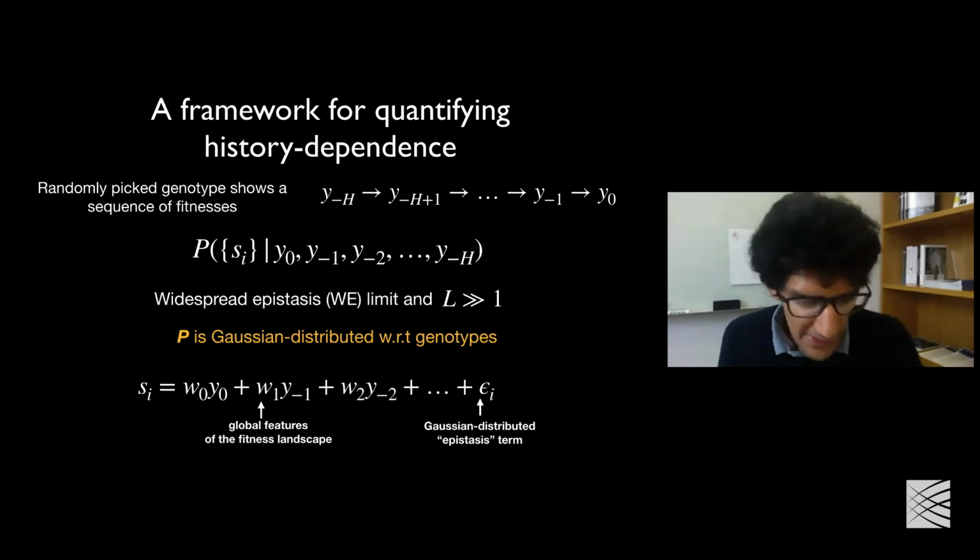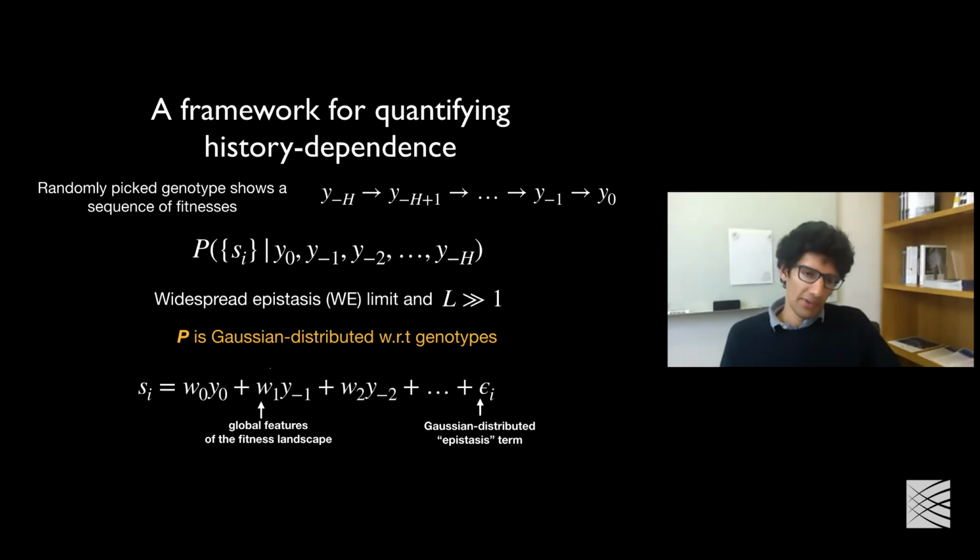The key thing over here is that when you expand in this fashion, the coefficients that quantify this history dependence are not the microscopic ones, but in fact the macroscopic ones. These are quantities that define global features of the fitness landscape. These are not the microscopic fitness features.